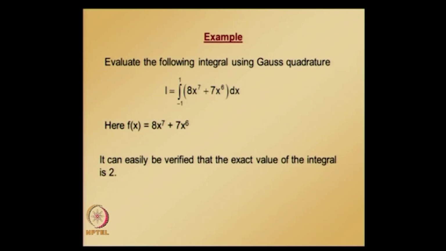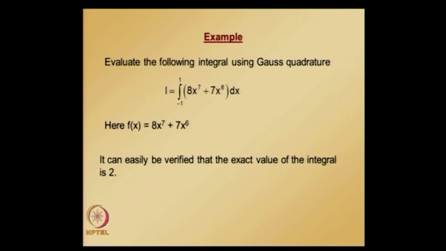And you can see here the order of the polynomial in the integrand is 7. So, you can back calculate how many points of Gauss quadrature give the exact solution.